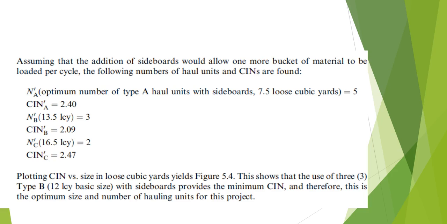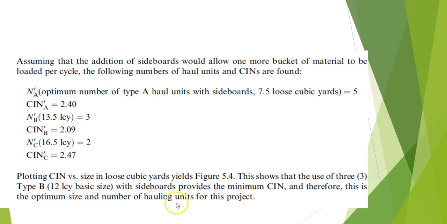Again, you can also look at another situation where you can add sideboards, and sideboards are at the top of a dump truck's box. They allow you to put more material. Remember I told you earlier about putting more material in the vehicle, and that it can cause some later maintenance problems if you overload the truck. But in any case, it's one way of getting more capacity.